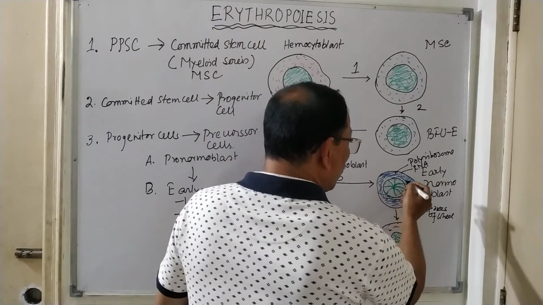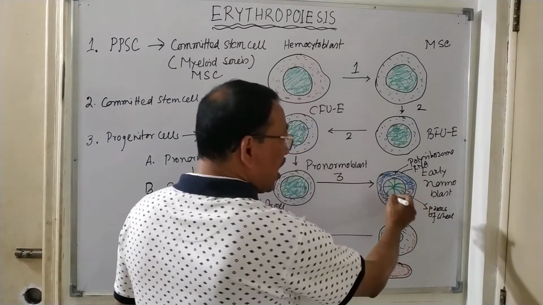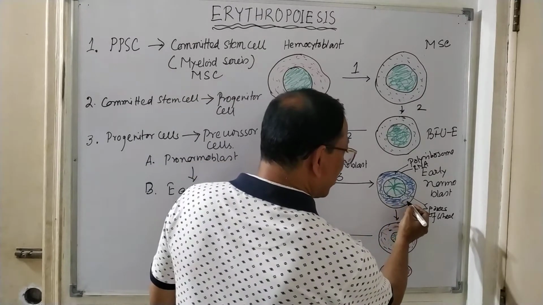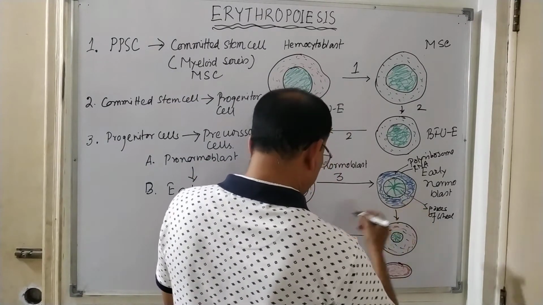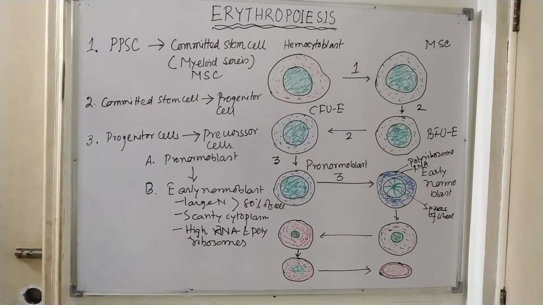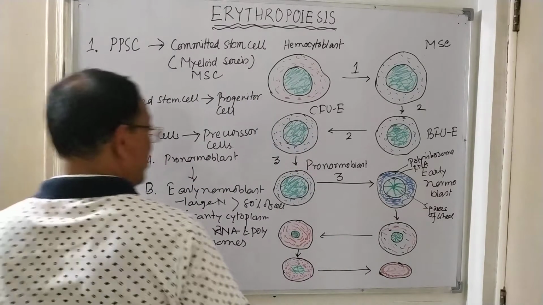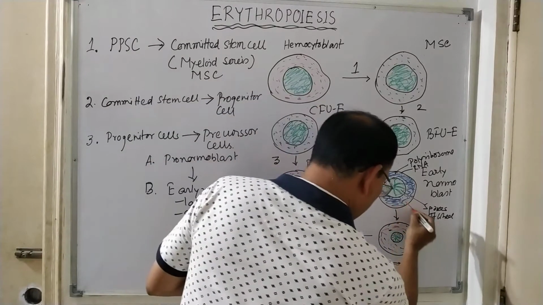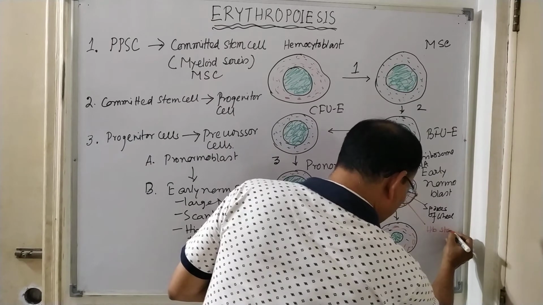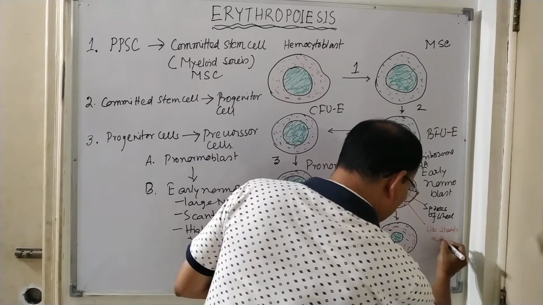And in the late part of the early normoblast, hemoglobin starts appearing. Here you see the red colored one, this red colored one is the hemoglobin starting to appear.